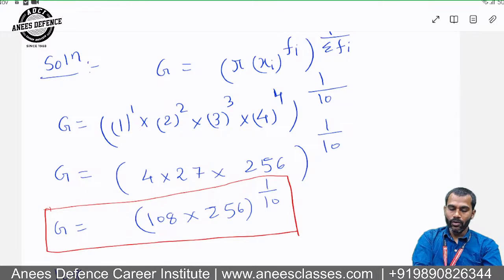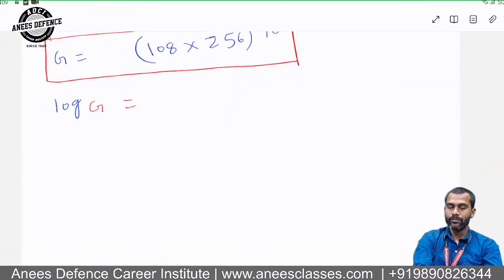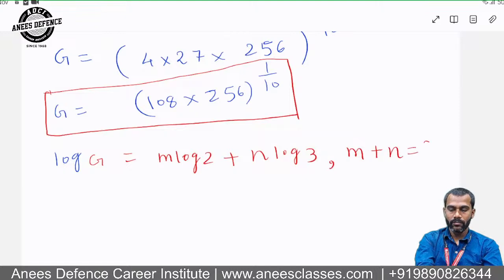Suppose I ask you, if log G is equal to M log 2 plus N log 3, then find M plus N. Now try this question.